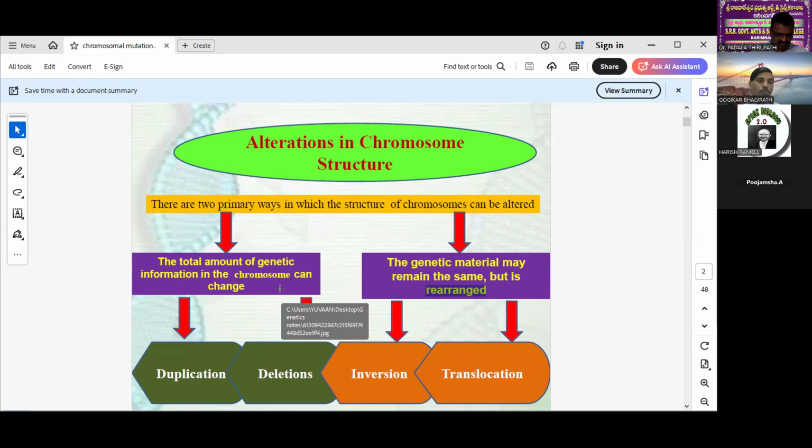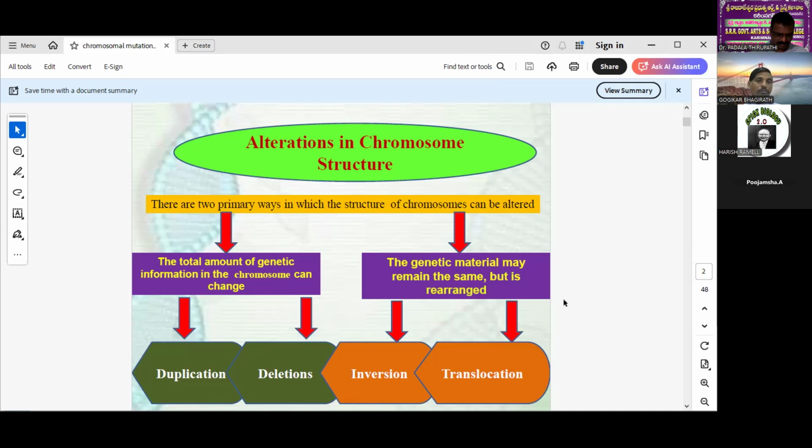Before the change, the homologous chromosomes contain 300 genes. After the change, one homologous chromosome contains fewer genes, and another homologous chromosome contains more genes. In that way, we can observe the change.